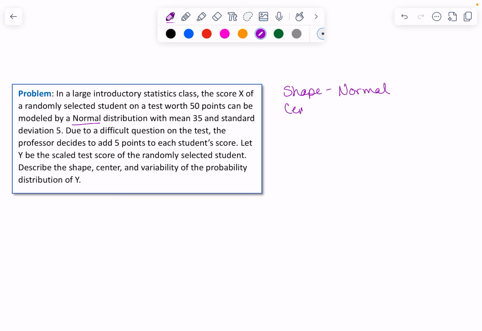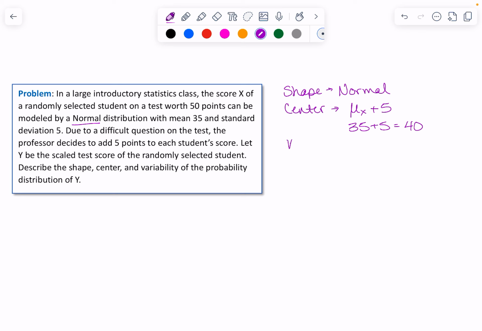All right, center. The old mean was 35. So the new mean is going to be whatever the old one was, the mean of X, plus 5. So 35 plus 5, it's going to be 40.